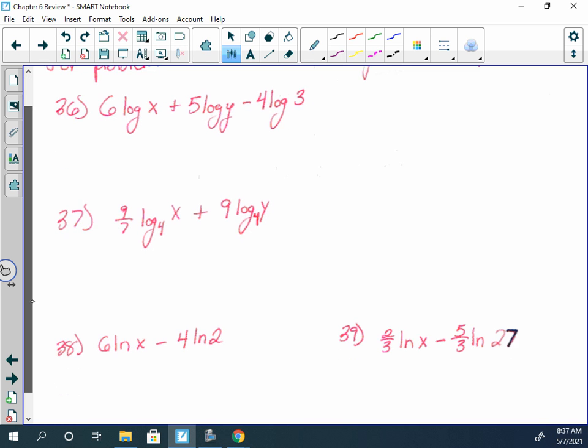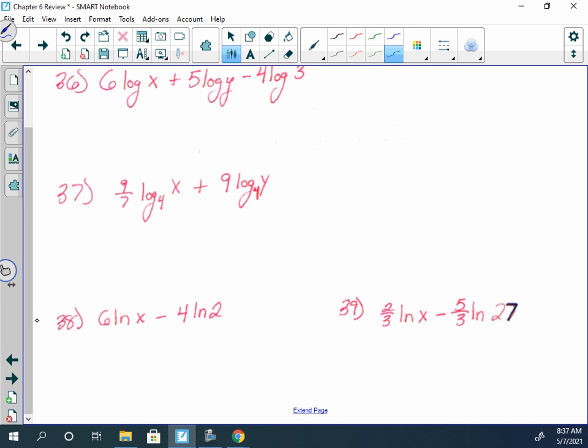Condensing. Any one of these in particular y'all want to look at? 37? So when we look at this here, the first thing we need to do is our exponents. So we're going to pull the number out front back up into the exponent. And you can write it below.